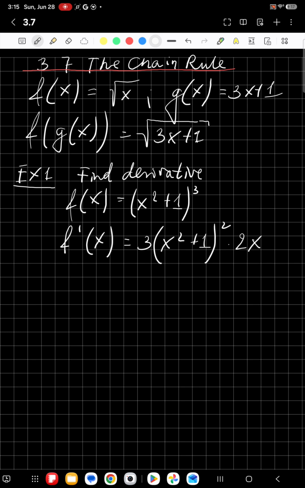So basically what happened is something like this. I'm calculating the derivative of y with respect to x, so dy dx. The first thing I do is calculate the derivative of the outside.